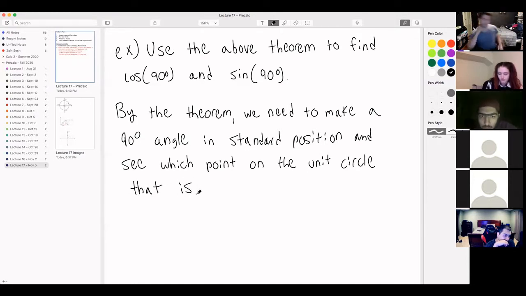Basically we need to travel 90 degrees in standard position in the xy plane and then see what coordinate we hit on the unit circle at 90 degrees. I have a picture for this.